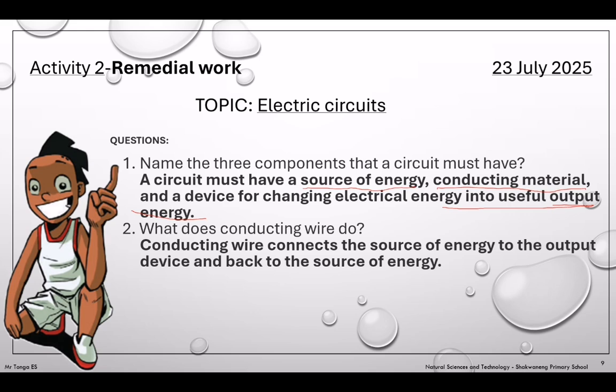Now, question number 2, which said, what does conducting wire do? Conducting wire, remember, it acts as a bridge from the input to the output, meaning it connects the source of energy to the output device and back to the source again. So let's see. This is 1, 2, 3, 4, 5. This activity was out of 5 marks.